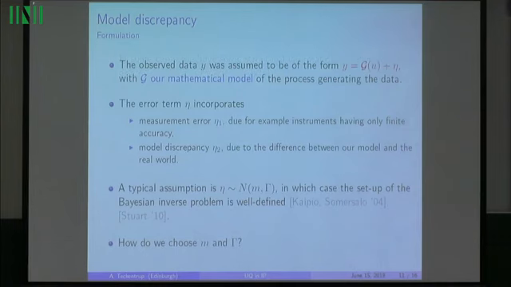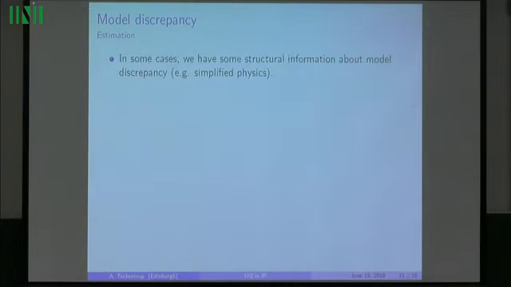In particular, for the measurement error, you can quite often get away with just assuming that it's IID, it's a bit easier. For the model discrepancy, it's actually a lot more structured term, and so it's quite difficult to define a distribution on it.